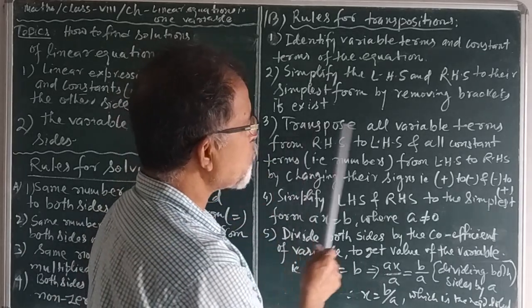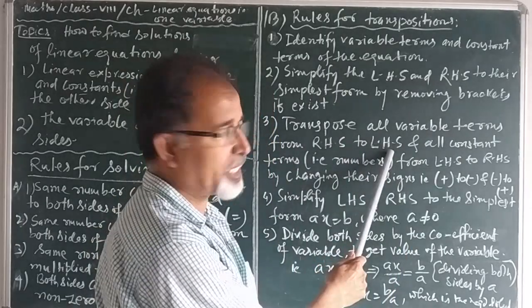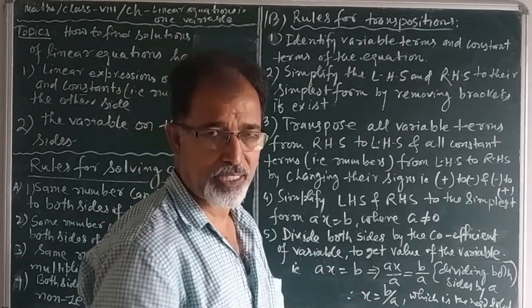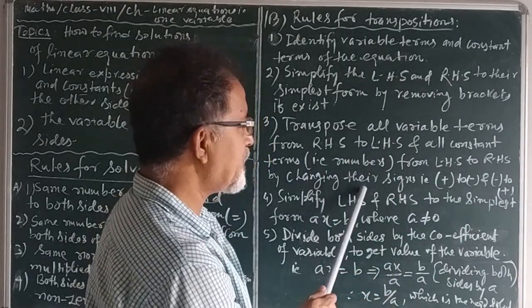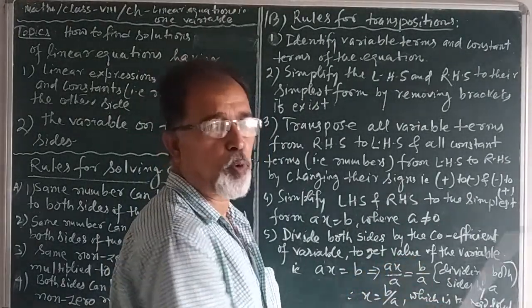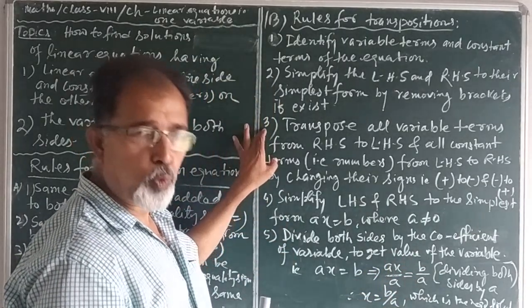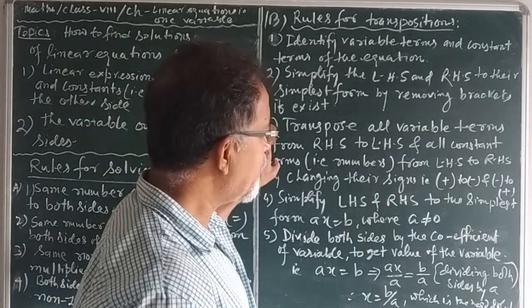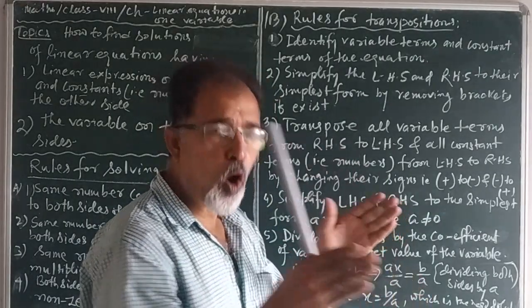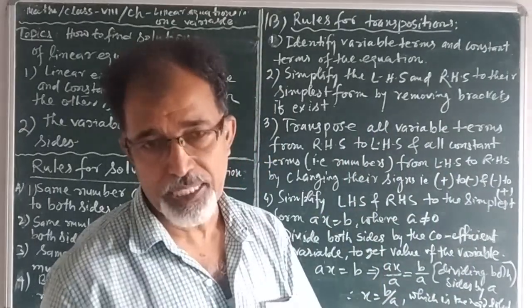Number three, transpose all variable terms from RHS to LHS and all constant terms, that is numbers, from LHS to RHS by changing their signs, that is positive to negative and negative to positive. This rule is very important, and generally we like to keep all variable terms on the left side and the constant term on the right side.